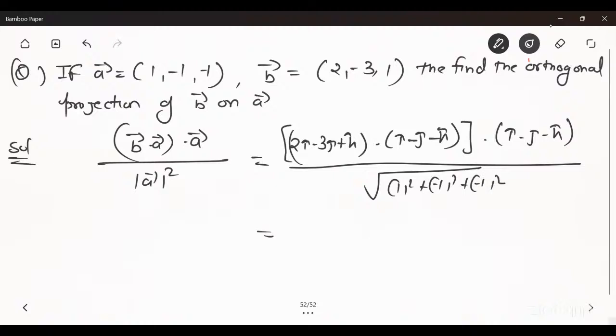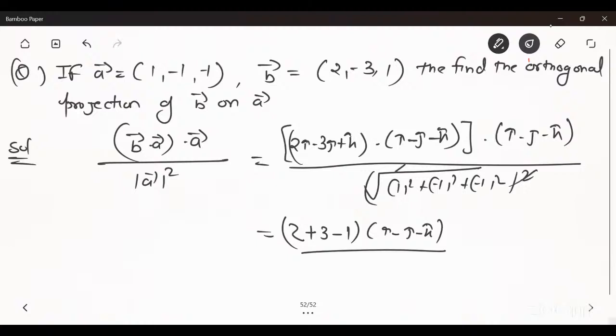So 2 into 1 will become 2, minus 3 into minus 1 will become 3, 1 into minus 1 will become minus 1, and here i minus j minus k upon square.